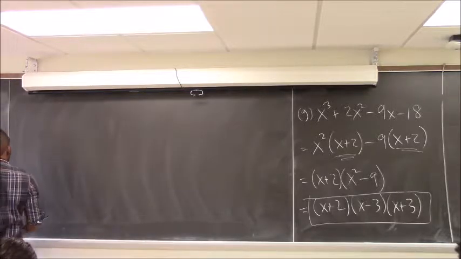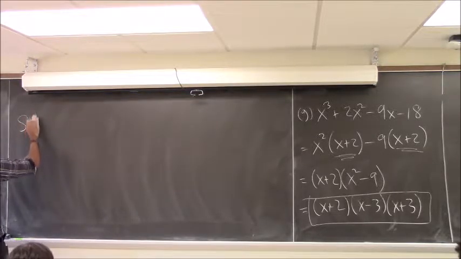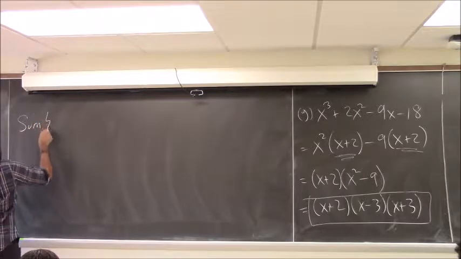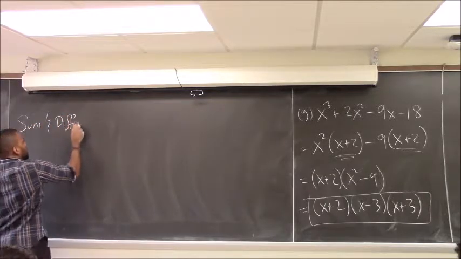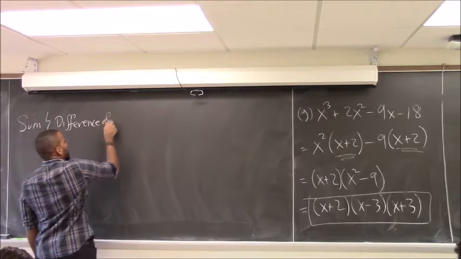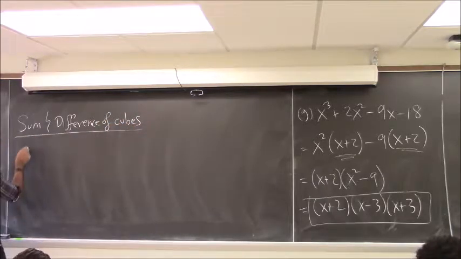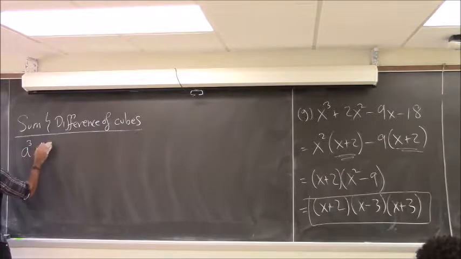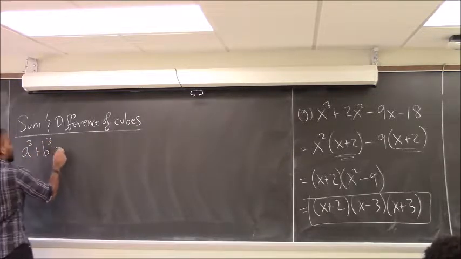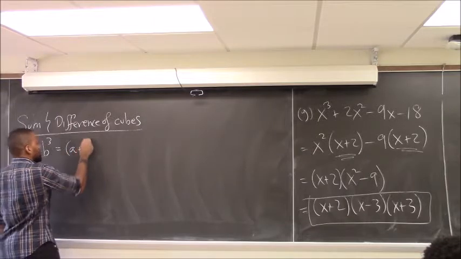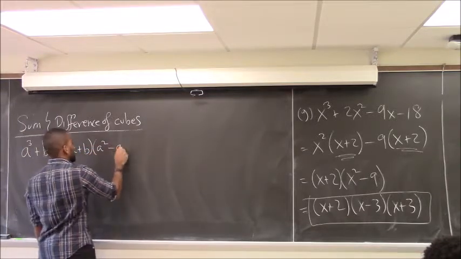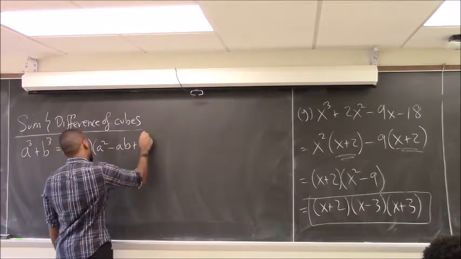Another pattern that you should be aware of is the sum and difference of cubes. So that's the thing that says, well, if you're adding 2 cubes, then that's going to be a plus b times a squared minus ab plus b squared.